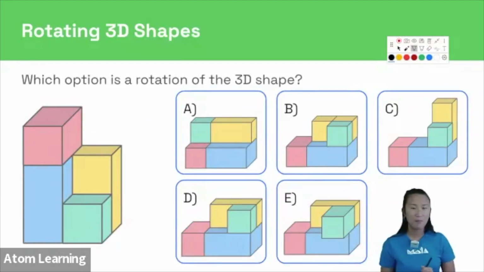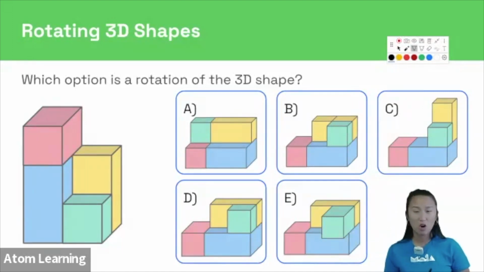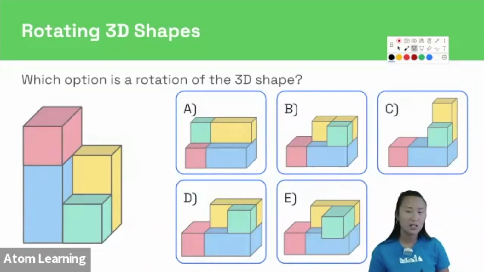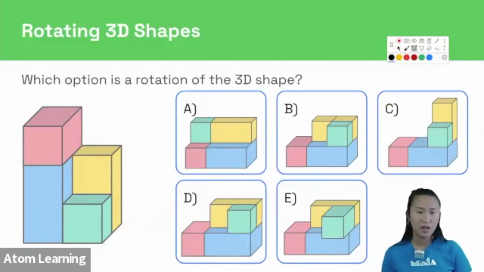Now let's apply this to an example question. Which option is a rotation of the 3D shape? Let's have a look. We've identified our elements. Let's see if we can identify any obviously wrong options.